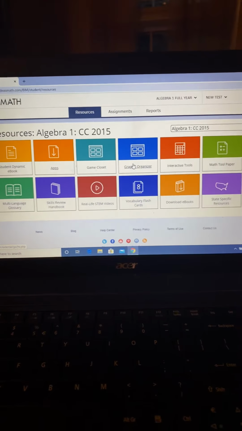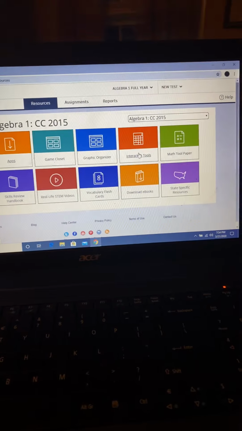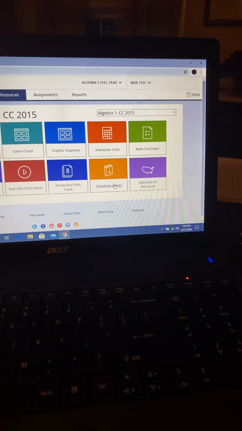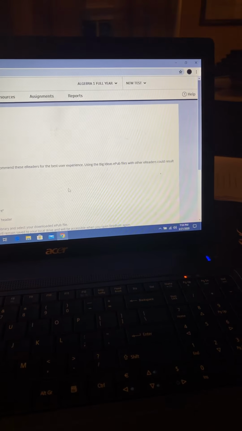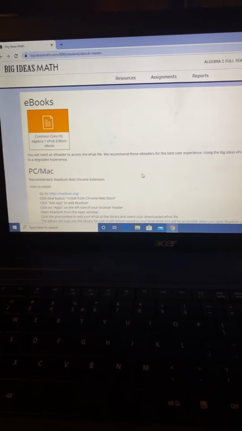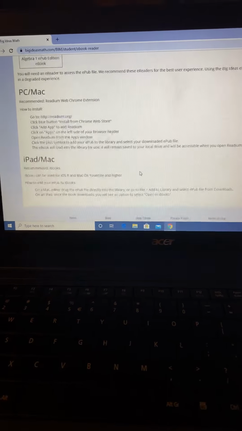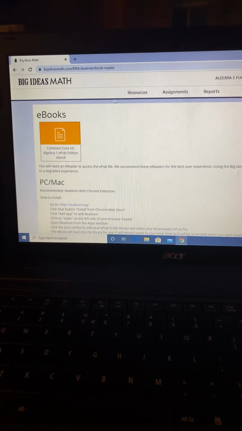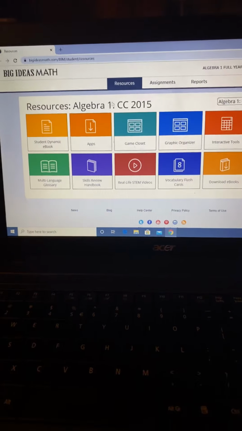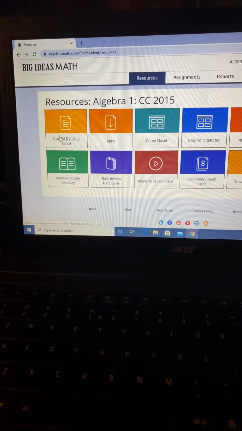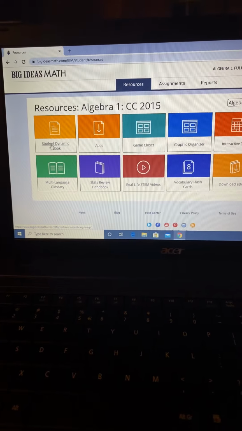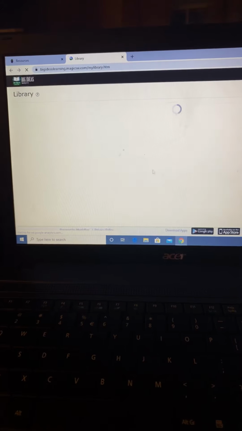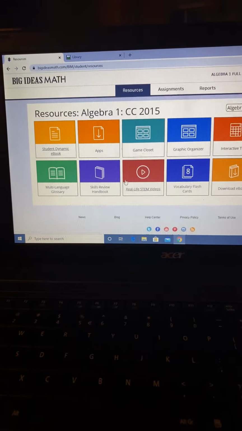There's the graphic organizer, the interactive tool, the map tool paper. But here's our download the ebook. I don't think you need to actually download this book, but if you wanted to, you could. I think most everything we're going to do is through the dynamic ebook, which pulls you up to another tab, but we're going to go back.